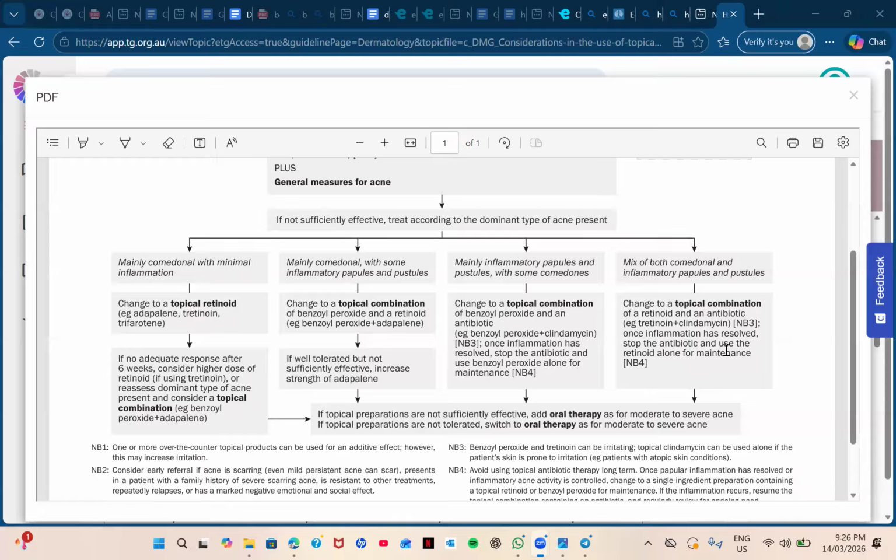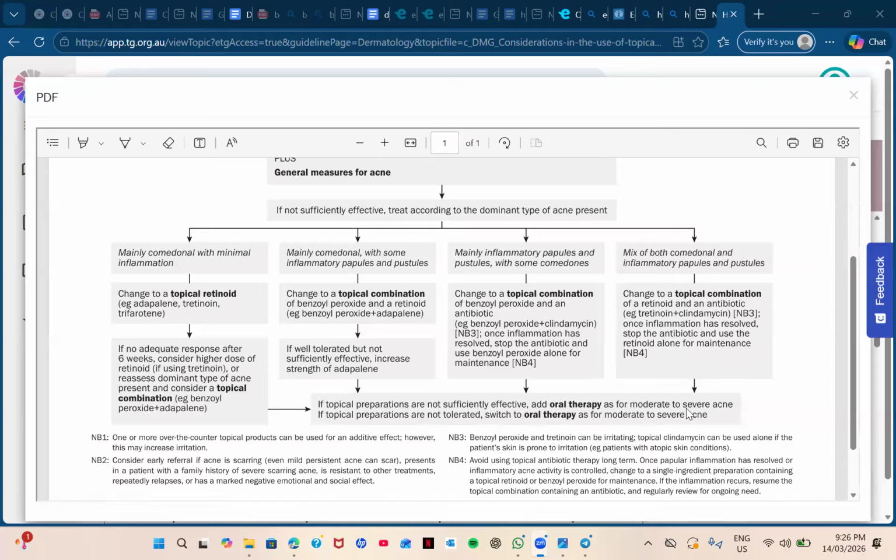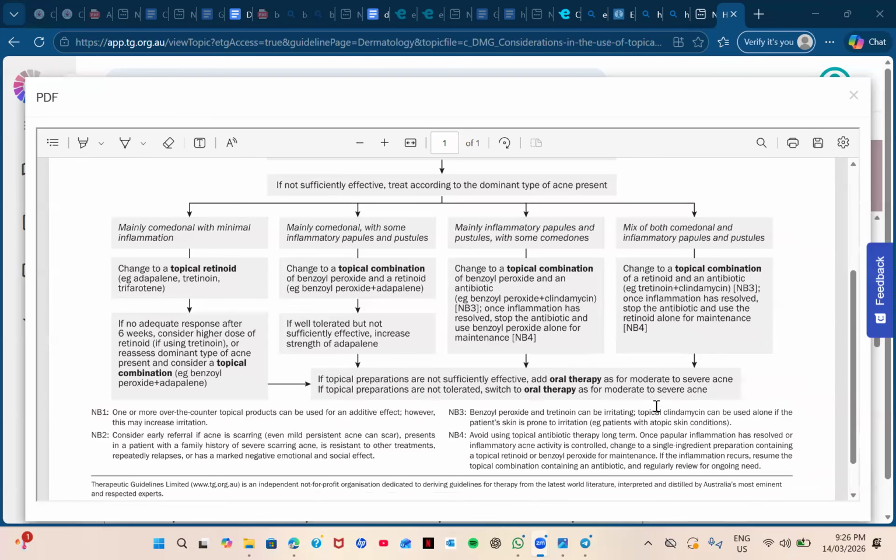Once inflammation has resolved, stop the antibiotic and use the retinoid alone for maintenance, right? So please remember. Then last one, if topical preparations are not sufficiently effective or not tolerated, switch to oral therapy as for moderate to severe acne, right?